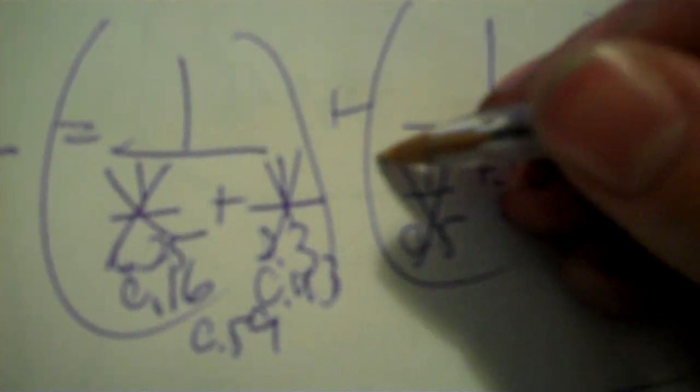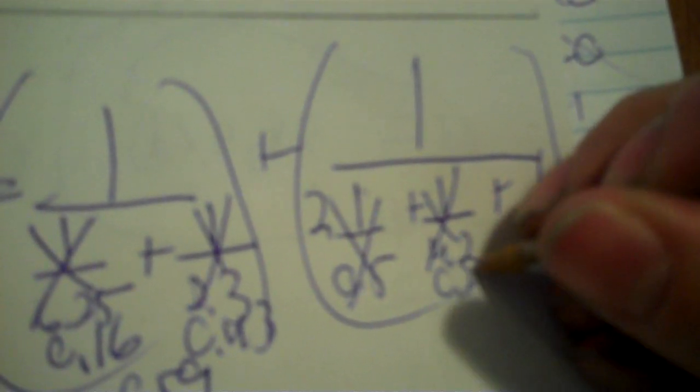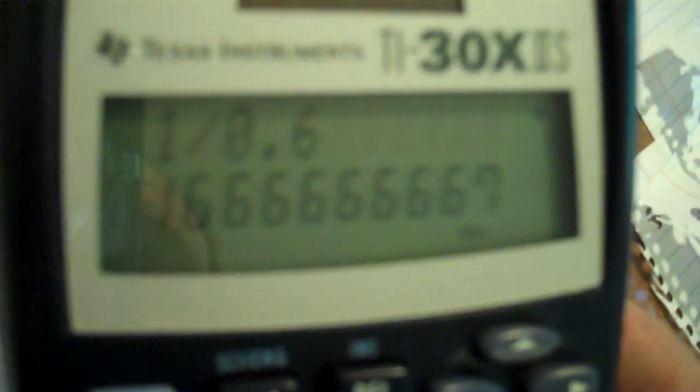Plus, now we divide here, 1 divided by 0.5 is 2. 1 divided by 4.2 is 0.24. 1 divided by 0.6 is 1.67.